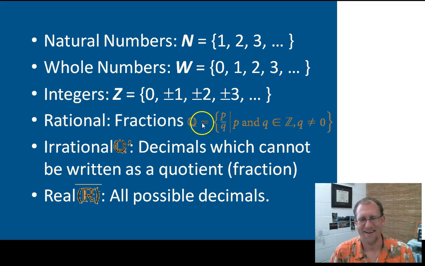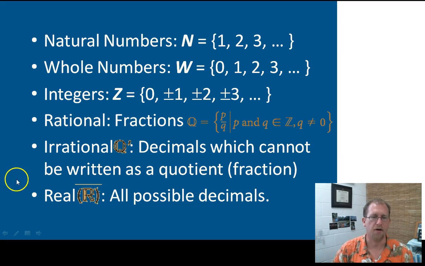It's essentially a fraction, p over q, such that p and q are elements of Z. In other words, they're integers, positive or negative whole numbers, and q is not equal to 0. You can't have a 0 in the denominator. That's undefined, right?